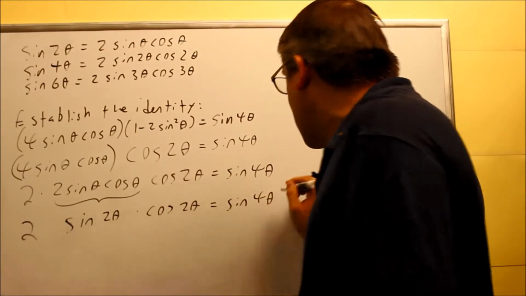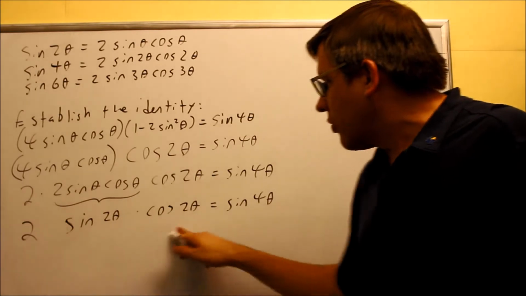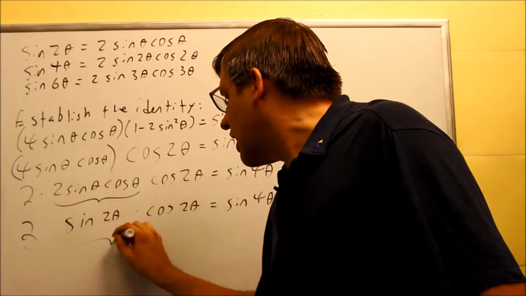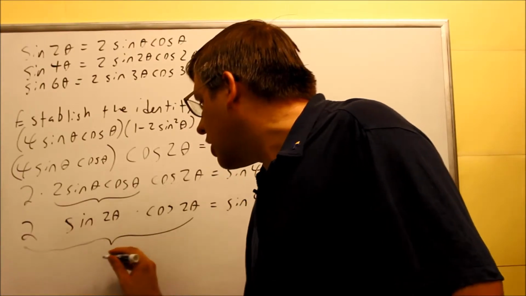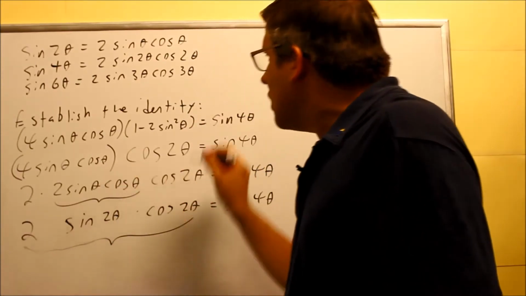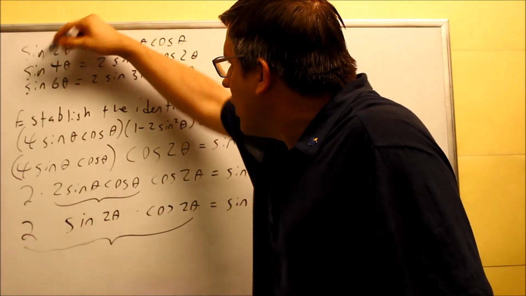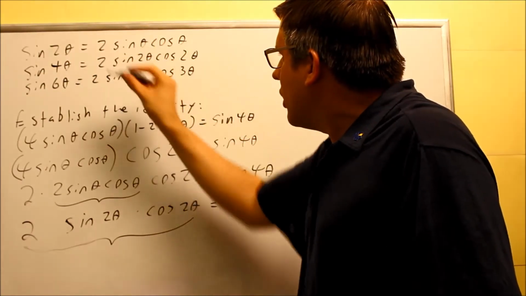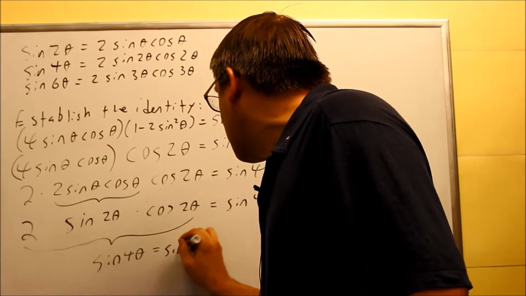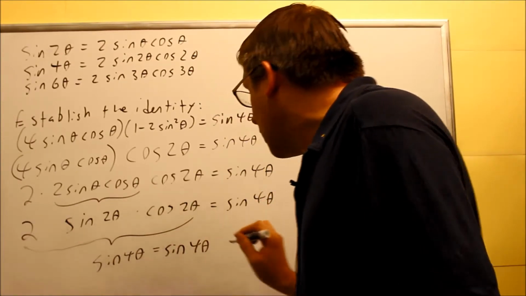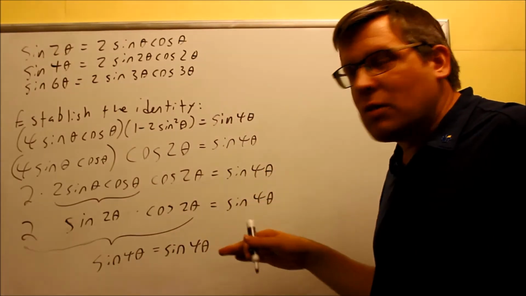And then the right hand side I haven't done anything with. Now this whole thing, 2 sine 2 theta, cosine 2 theta, all of that can be changed into sine of 4 theta, because that's the identity I have on the board right here. So I'm going to put sine of 4 theta in here, and so now I get both sides equal. Sine of 4 theta equals sine of 4 theta. I've shown that both sides are equal.